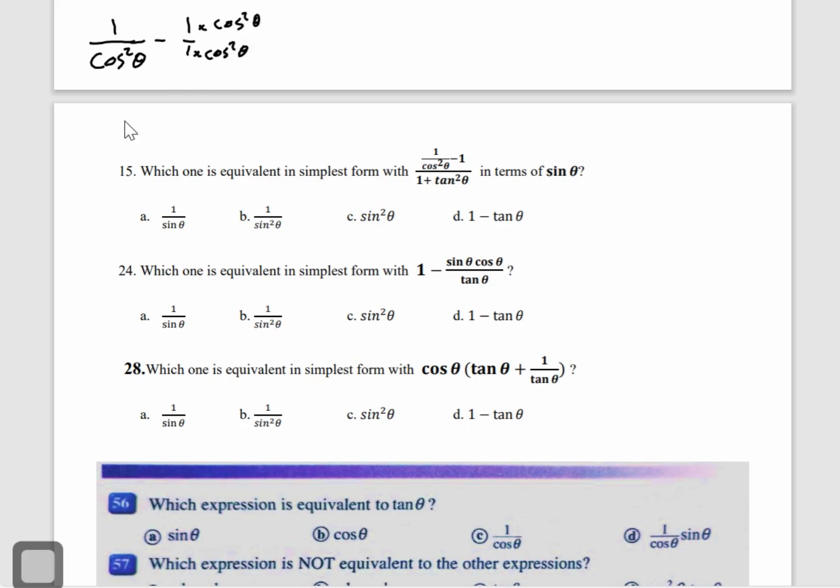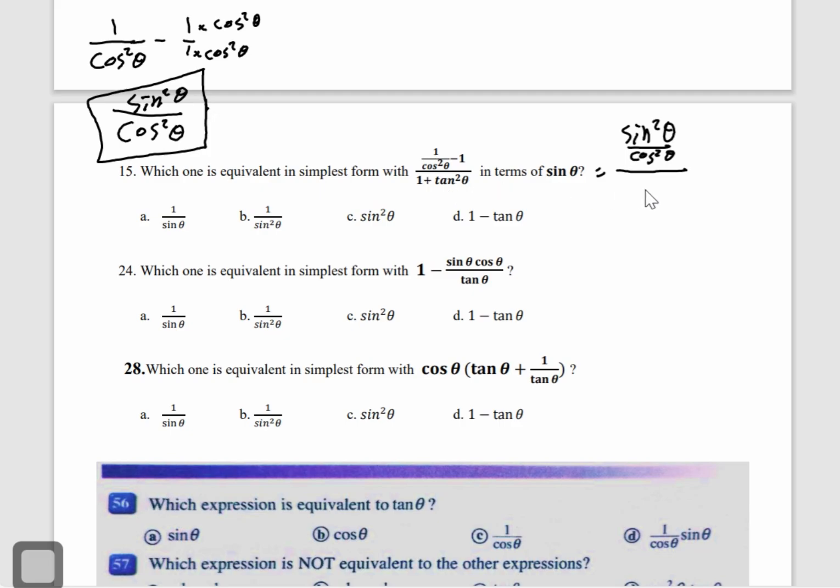So it will be cosine squared theta, and 1 minus cosine squared theta will be sine squared theta. So instead of numerator here, we can rewrite that one. It will be sine squared theta over cosine squared theta.